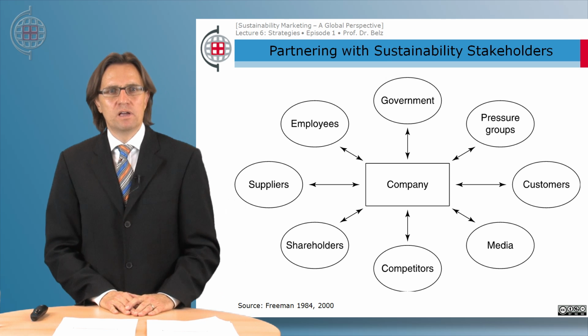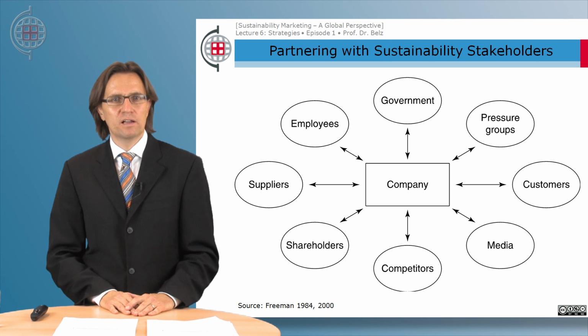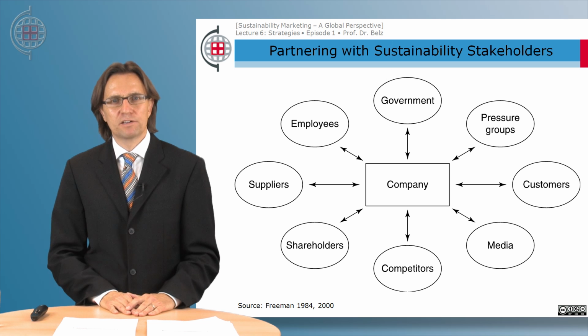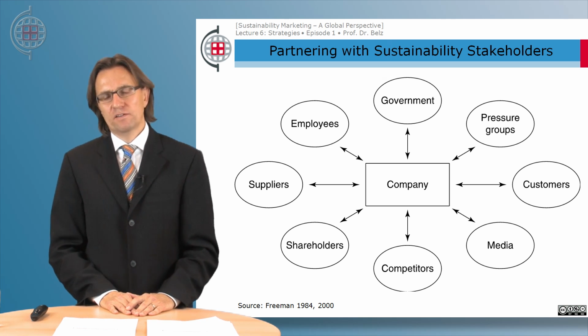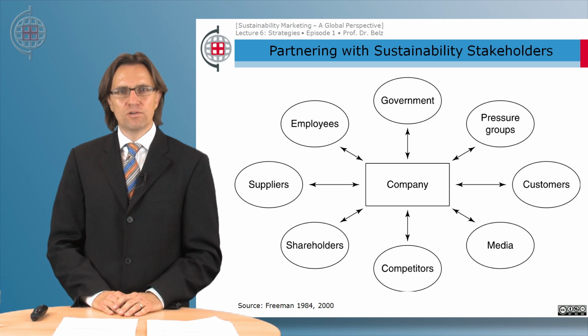Let's go on and talk about partnering with sustainability stakeholders. The fifth and final step of developing a sustainability marketing strategy. As we have already discussed in lecture 2, here you see the different kinds of stakeholders of a company.